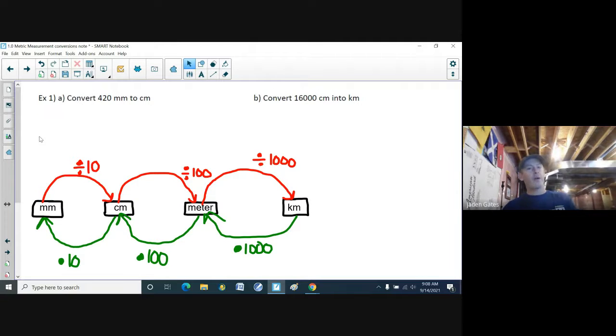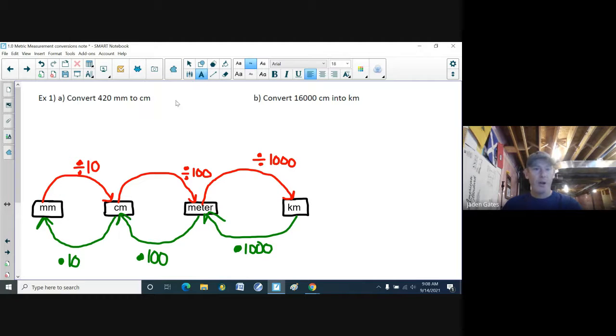So the first thing is I want to convert 420 millimeters to centimeters. All right, so when we look here, I've got 420 millimeters, and I'm going to centimeters, and you can see here by my conversion chart, all I need to do is simply divide by 10.